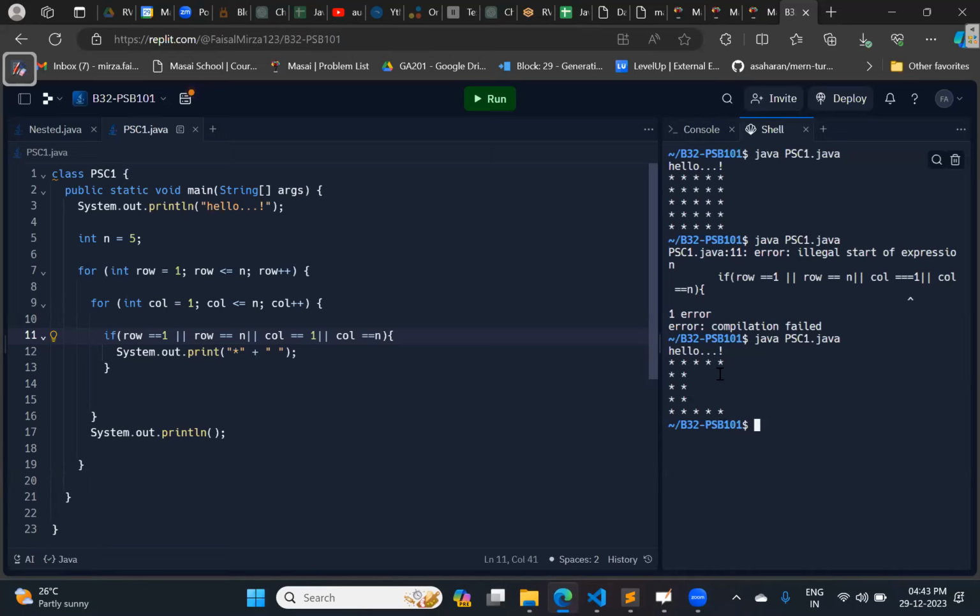Are you getting it? The last column came to the second position. Why? You are not giving the spaces for the remaining parts. Means here you should have given spaces, you had not given. Okay?